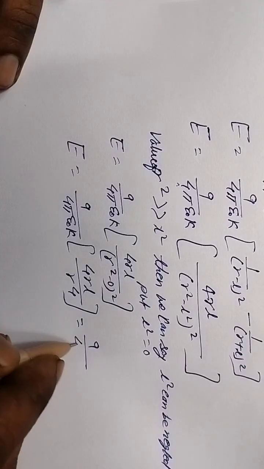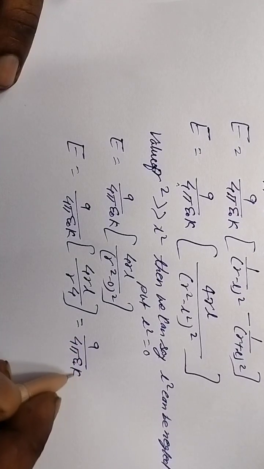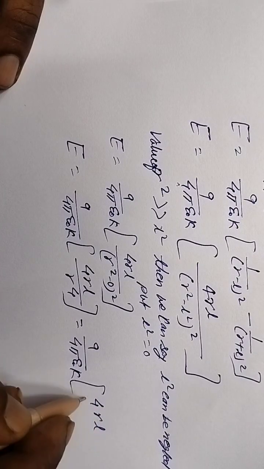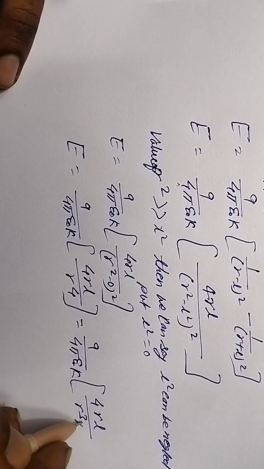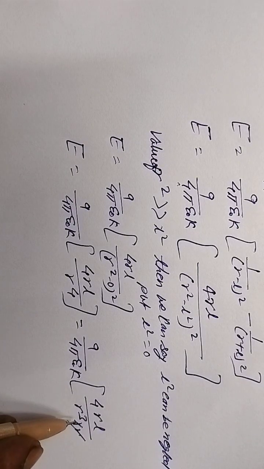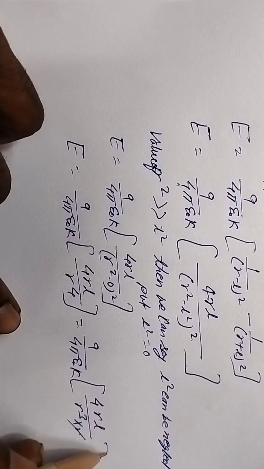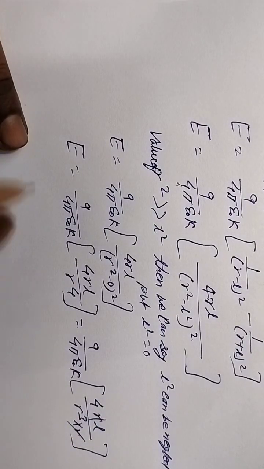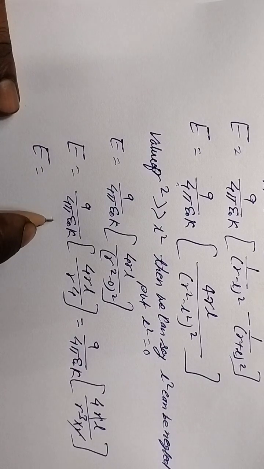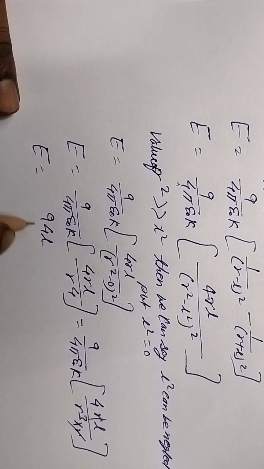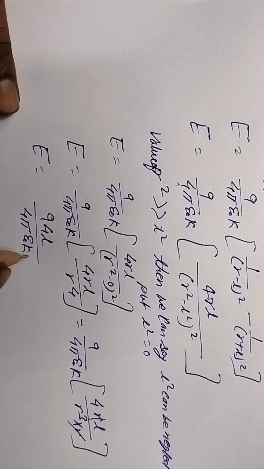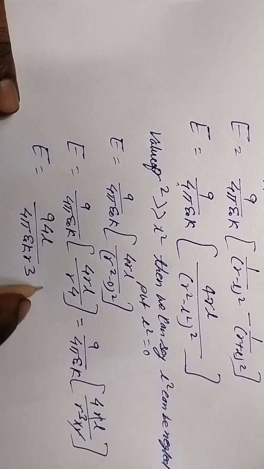E equals Q upon 4 pi epsilon 0 K, 4RL upon R to the power 4, which can be written as R cube into R. Cancel R. We get E equals Q 4L upon 4 pi epsilon 0 K R cube.